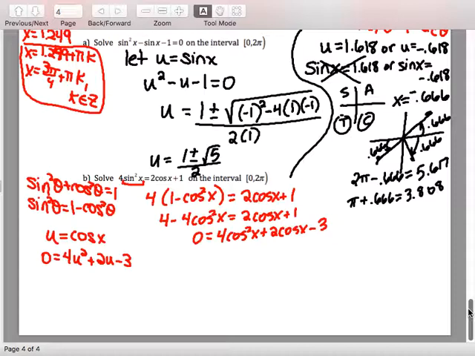So I'm going to pause, and I want you to do quadratic formula. Get your two values, back substitute that u is cosine x. See how far you can get on your own this time. I rounded to 2 decimals this time.